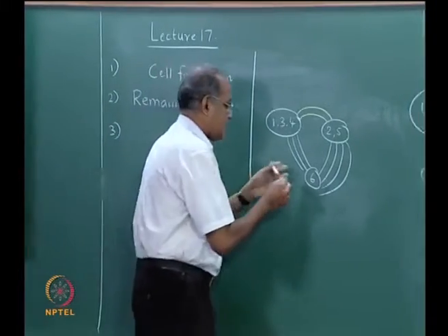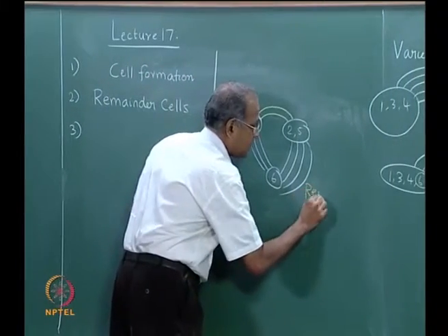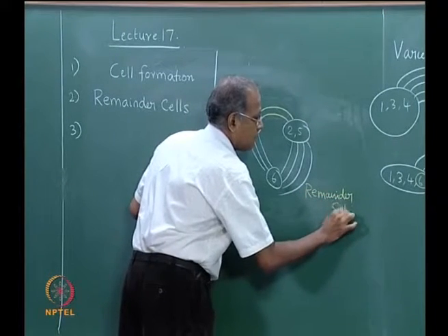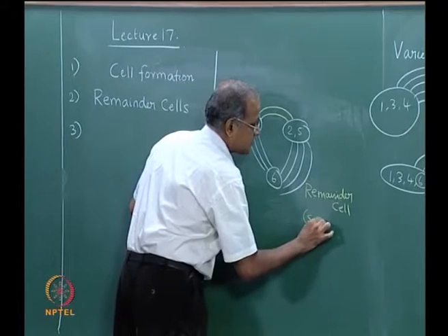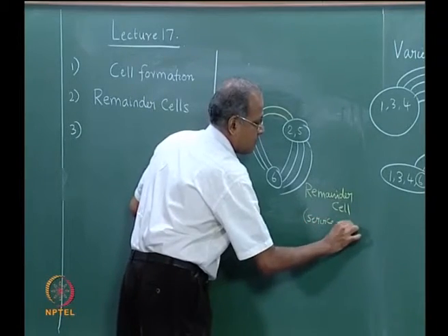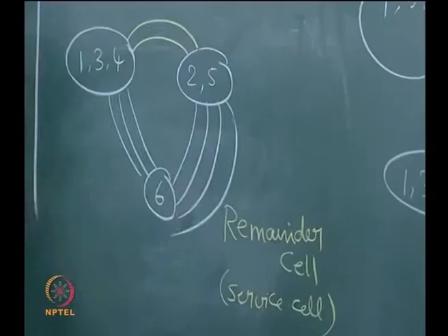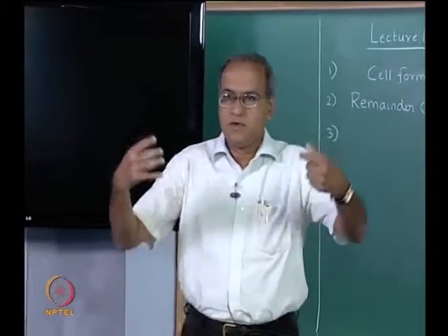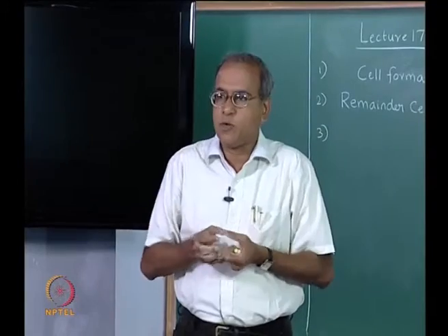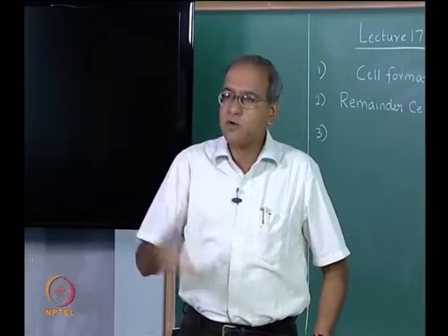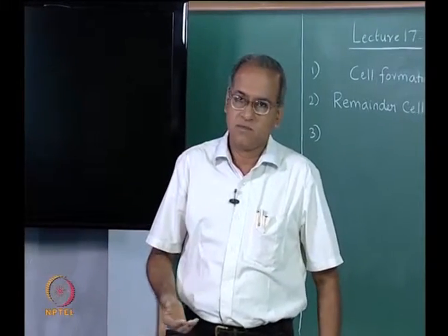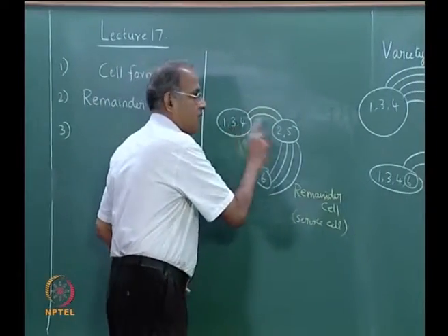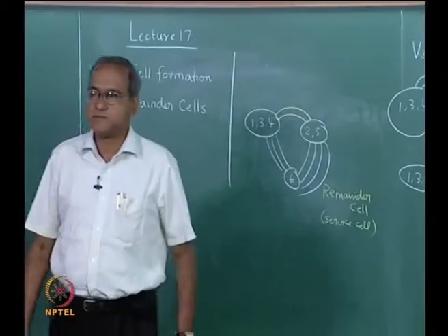Now I call this a remainder cell or some kind of a service cell, where there are only 2 cells. Parts can move from the cells to the service cell and go back. These are not counted as intercell moves, whereas moves only between these are counted as intercell moves.